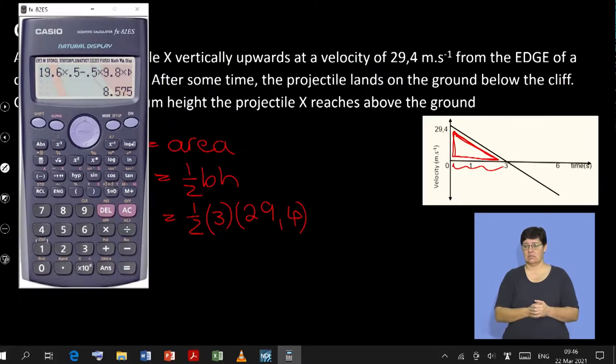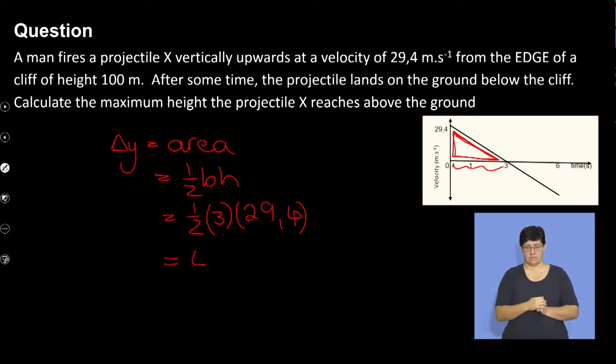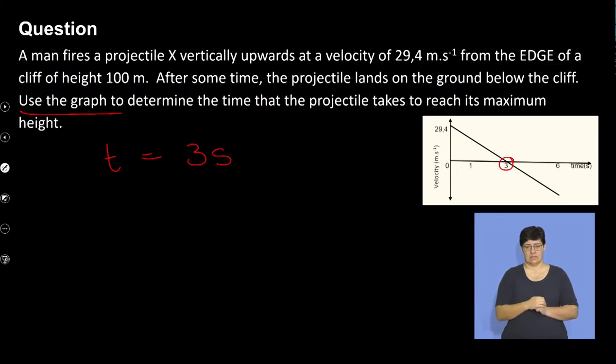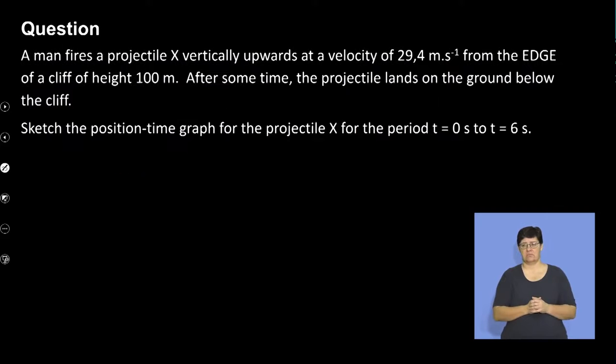So let's get a calculator: a half times 3 times 29.4. And I get 44,1. That's nice. Not so bad.